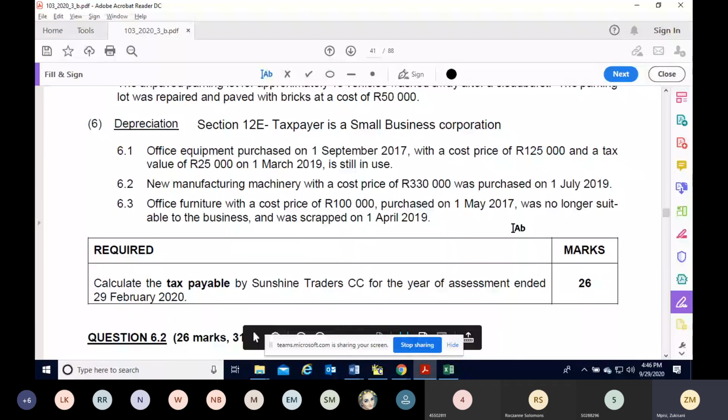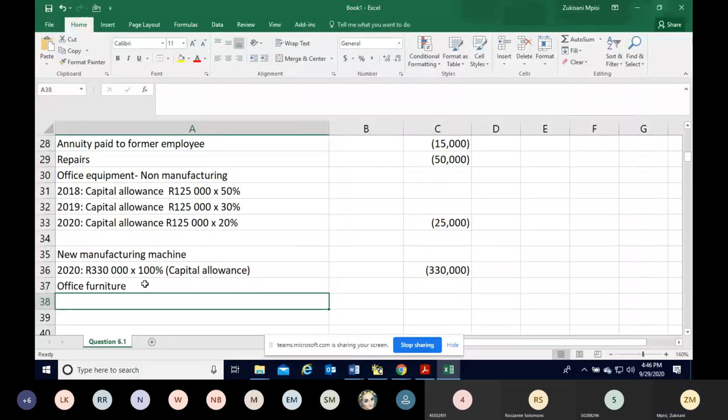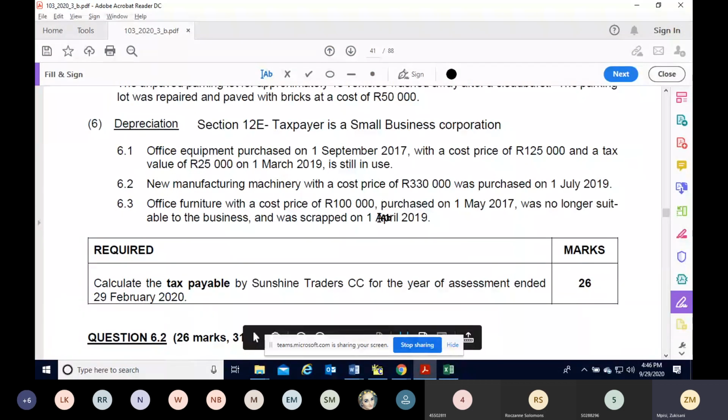Office equipment will exactly do what we did. Sorry, it's office furniture. We'll do exactly what we did when we worked on the other one. So the asset was bought on 1 May 2017. So the year end would have been in 2018.